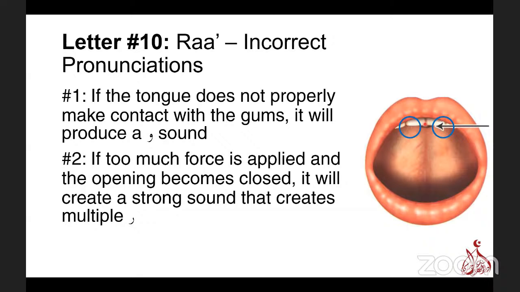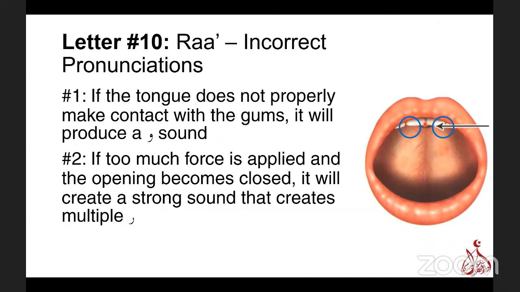Instead of saying Ar-Rahman Ar-Rahim, someone's tongue fully goes on top. What sound is going to come out? Ar-Rahman Ar-Rahim. That means your tongue is touching too much. Ar-Rahman Ar-Rahim. Min sharri, even though it's supposed to be light.